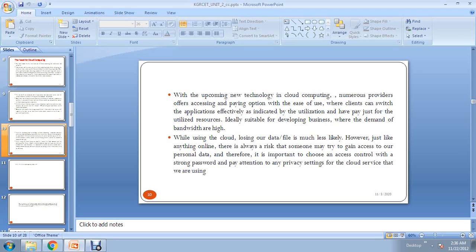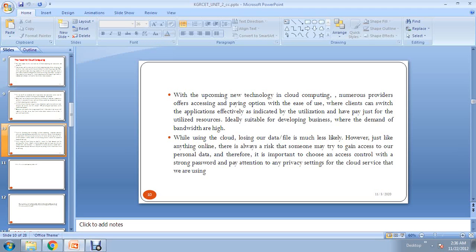While using the cloud, losing our data or our files is very unlikely. Why? Because it provides more security. Without permission, the data is not visible. However, just like anything online, there is always a risk that someone may try to gain access to our personal or sensitive data.